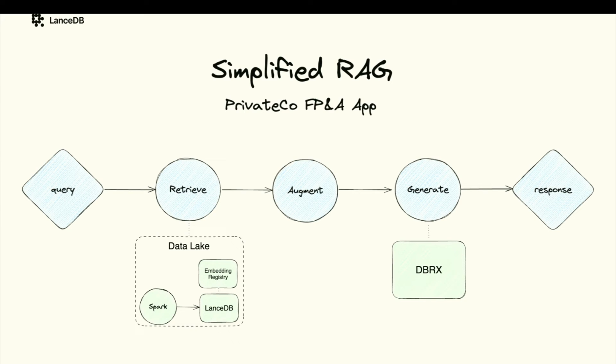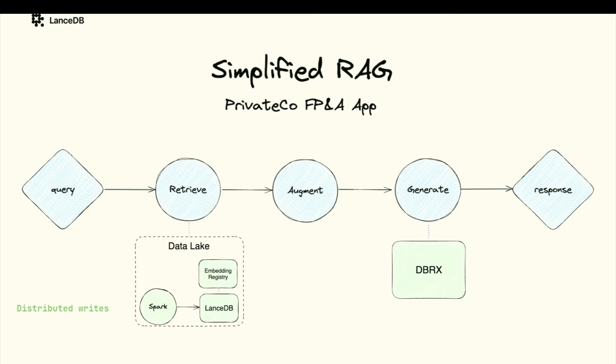So LanceDB is a database for multimodal AI, and scalable vector search is one of the main features. It comes with a built-in embedding registry, and you can write to Lance directly using Spark or Ray or other distributed engines through its Apache Arrow integration. And of course, I'm sure you guys have heard lots about DBRX in this conference. It's a great new LLM for you to use within the Databricks ecosystem here.